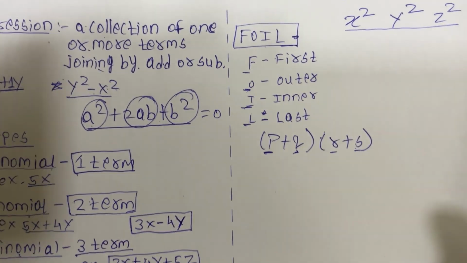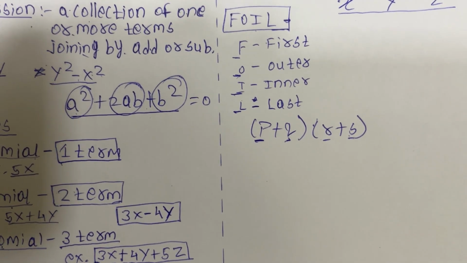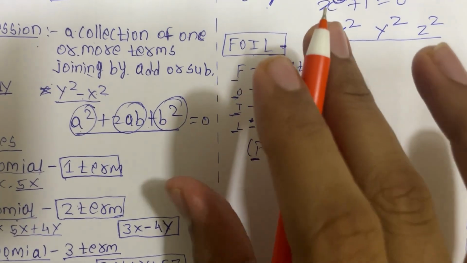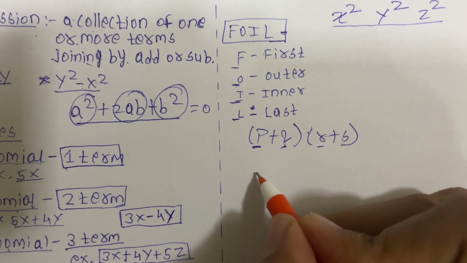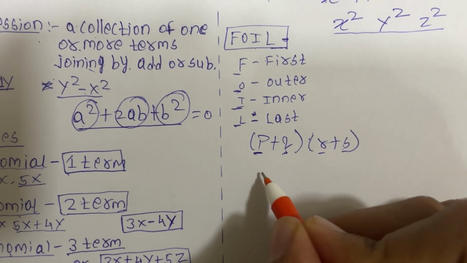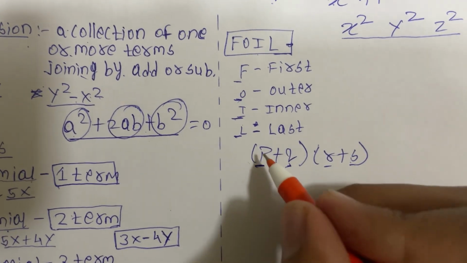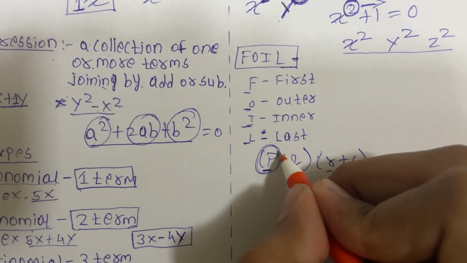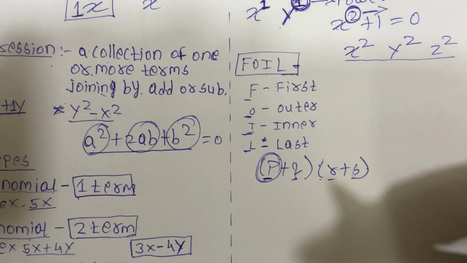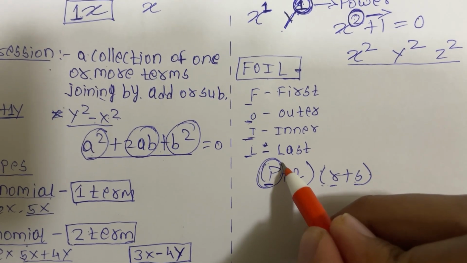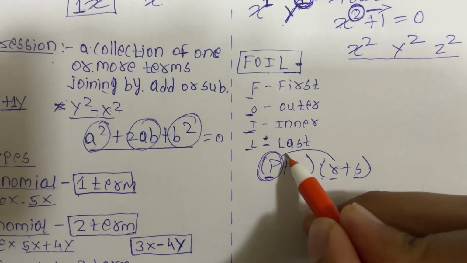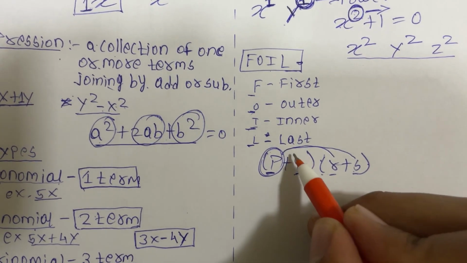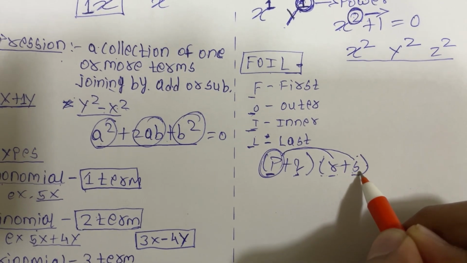Just in simple terms I will explain this. To solve this type of expression we use this method. For example, to solve this expression, first we take the first term and multiply it with the bracket, that is the outer term and the inner term.